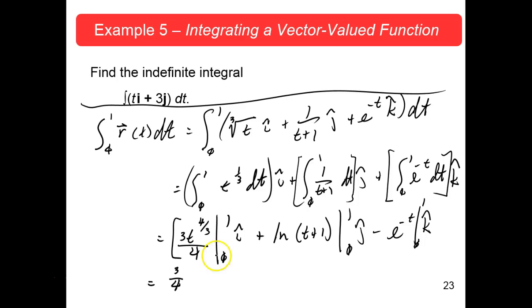You do get a vector, okay? Plus. Isn't that a 4 at the bottom? That's a 4. Yeah, 3 over 4. Right. Is that what you mean?